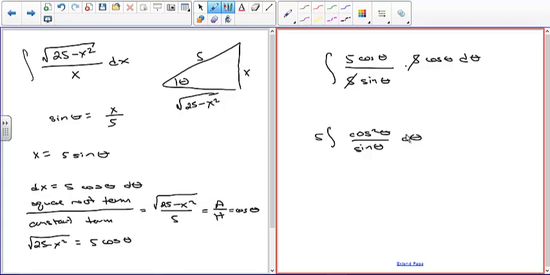Now the question is how to solve that. That's not as simple. You're going to have to do something to make that work. So anybody have any thoughts what you might do?